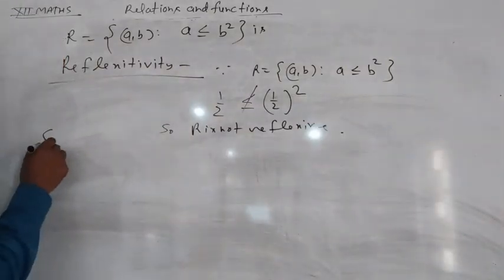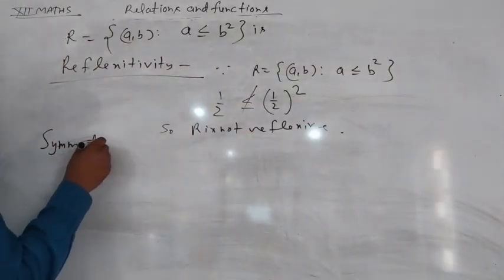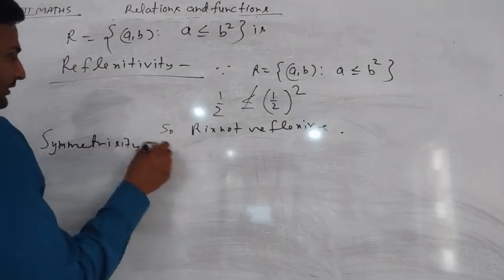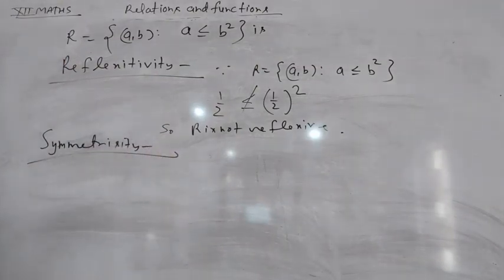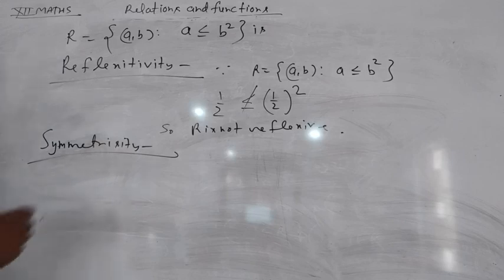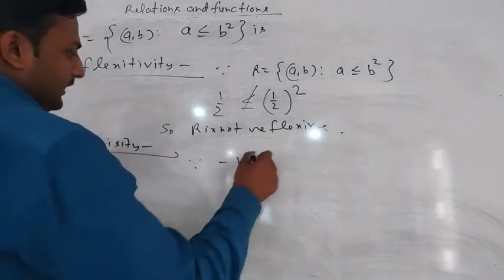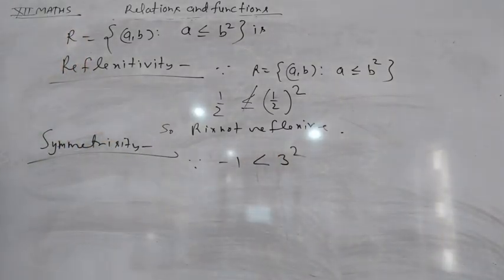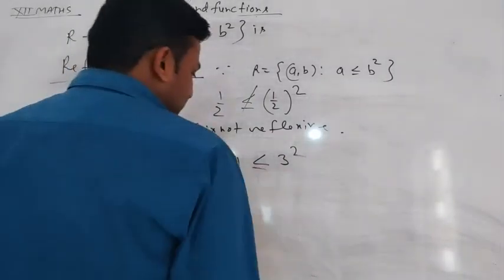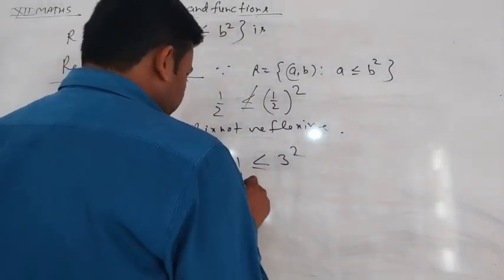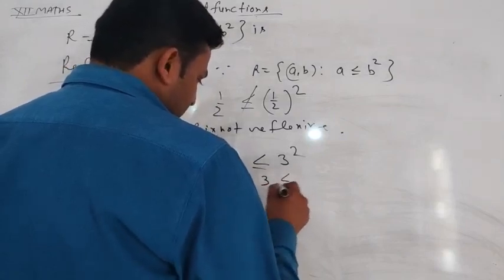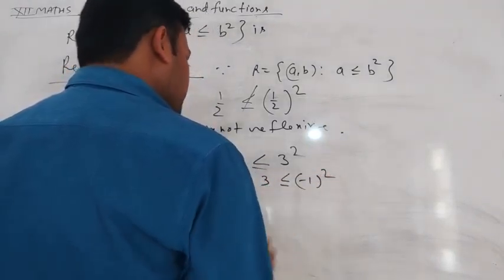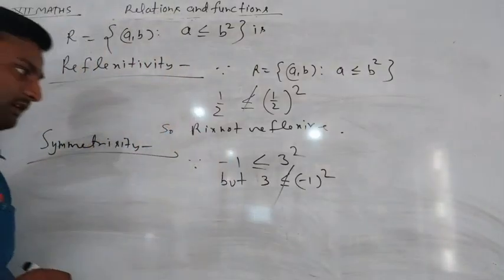Okay. Now symmetricity. Okay, students. For symmetricity, we are taking that −1 is less than or equal to 3 squared, but 3 is not less than or equal to (−1) squared.